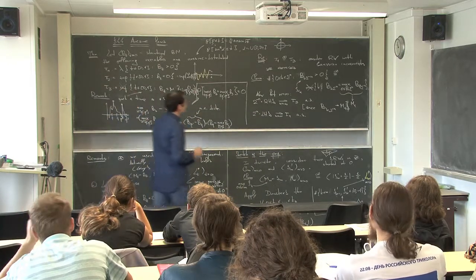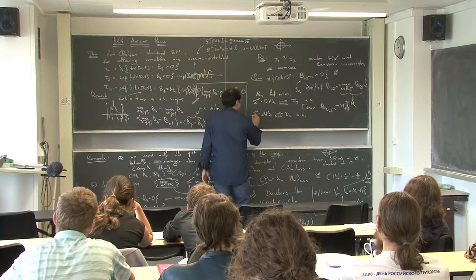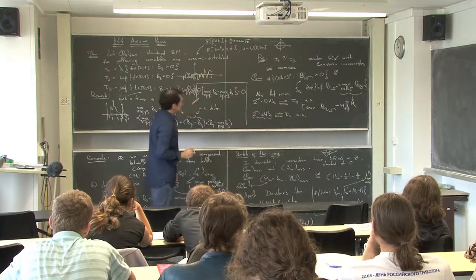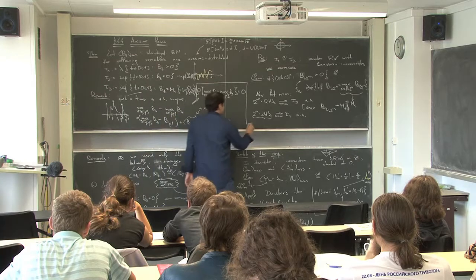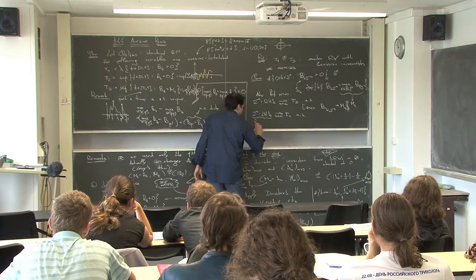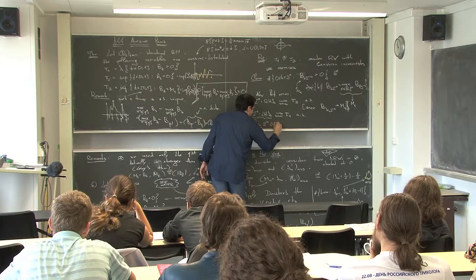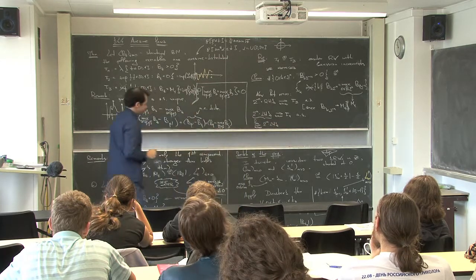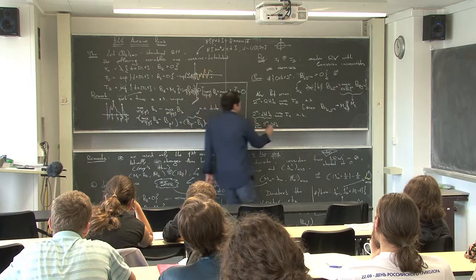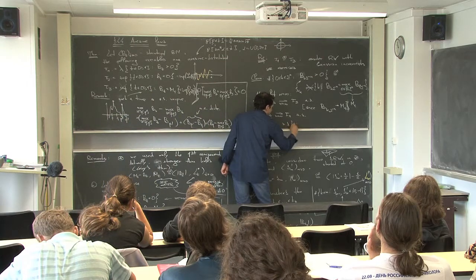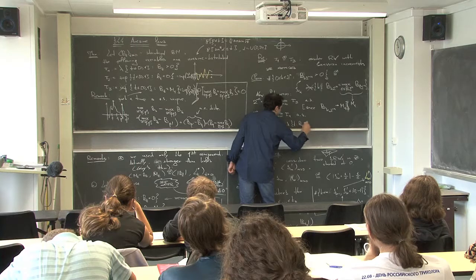So the claim is that even the lower limit of this is greater than the Lebesgue measure of points where B is positive.